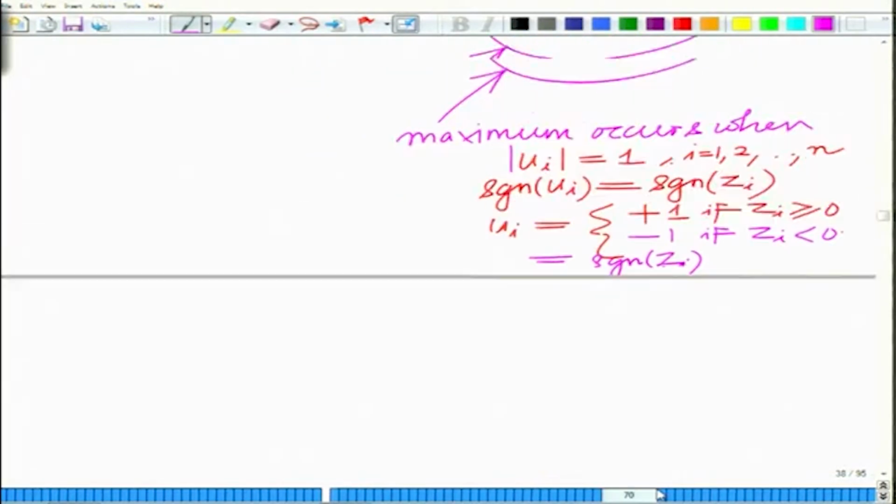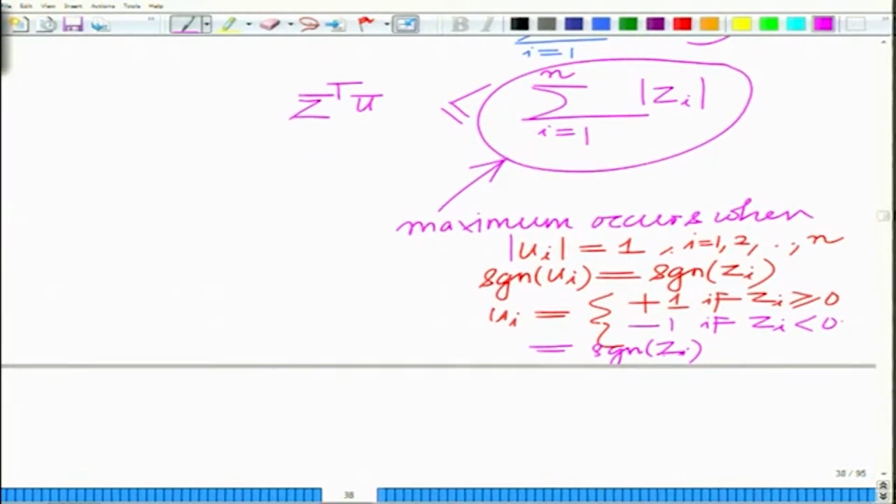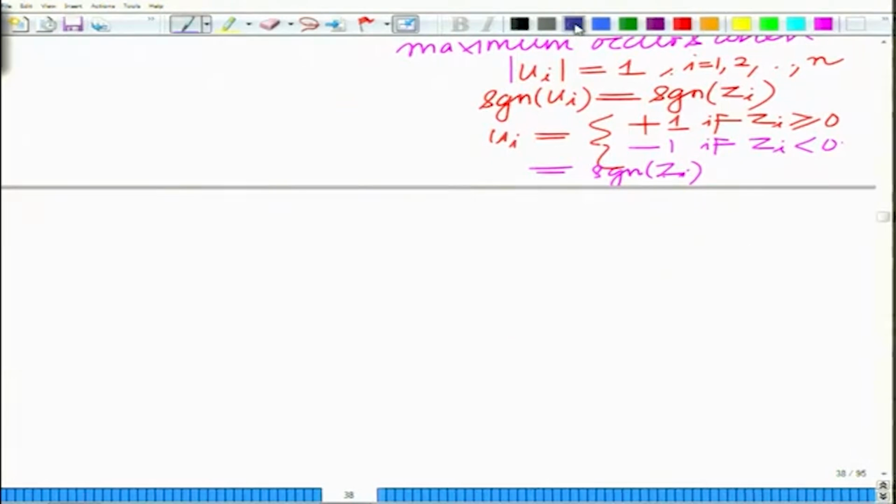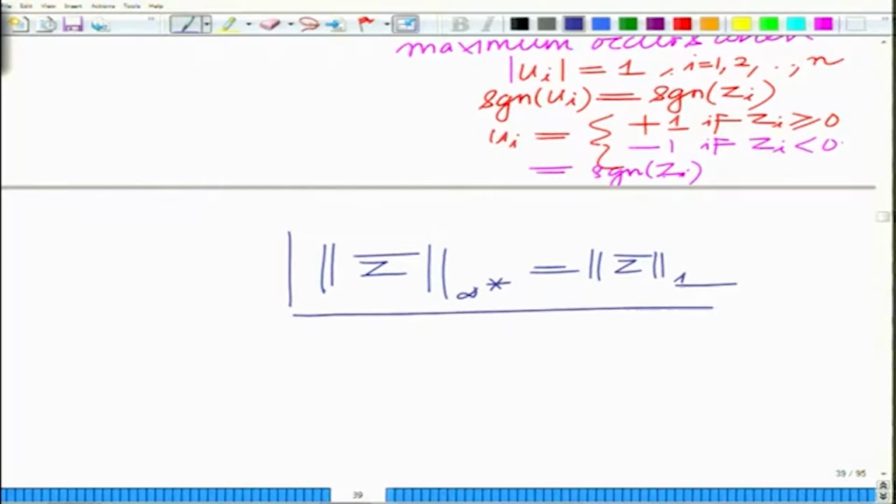And in that case, what is this? You can see the maximum value is achieved, and what is the maximum value? The maximum value is nothing but the L1 norm. And therefore, what you observe is something very interesting. What you observe is that the dual norm of the infinity norm equals the L1 norm.